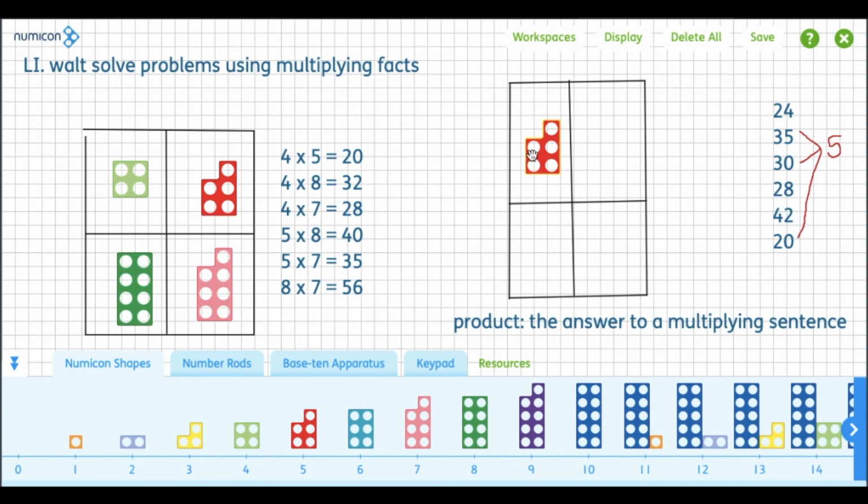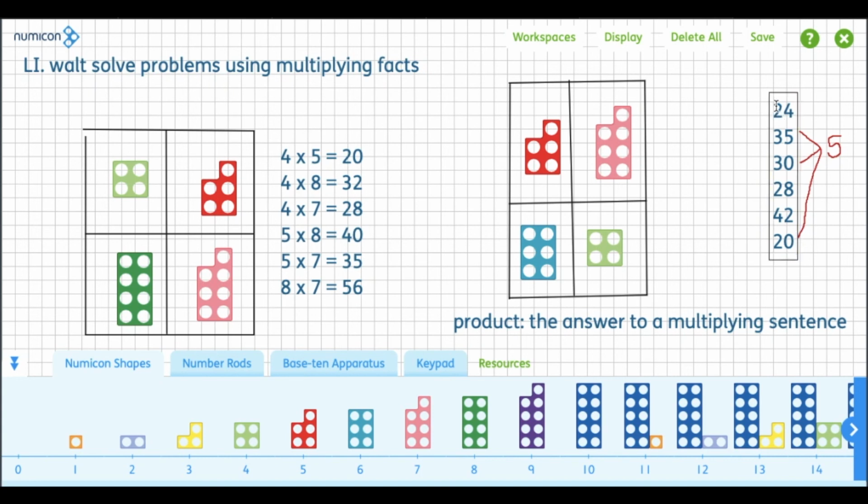Okay, now 5 times 7 is 35. So if I put a 7 in here, and 5 times 6 is 30. So I'll put a 6 in here, and 5 times 4 is 20. Now, hopefully, all of the rest of them will work themselves out.